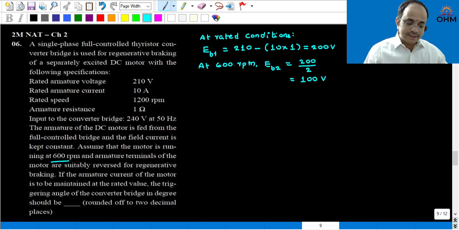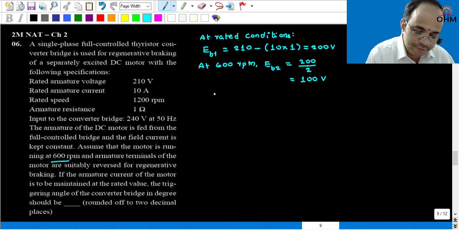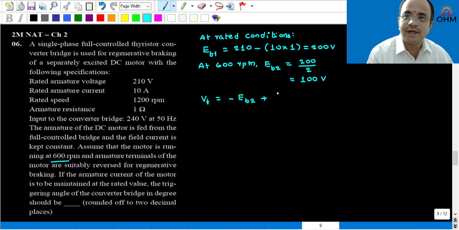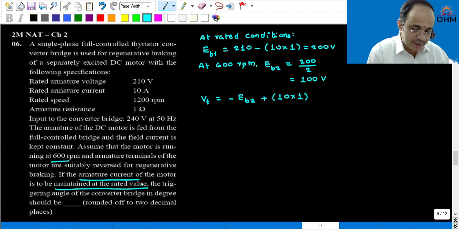But what is mentioned is that at 600 rpm the motor is required to operate with regenerative braking. Therefore you have to find out terminal voltage by reversing this back EMF polarity due to regenerative braking. So you have to take 10 into 1 only, because it is required to maintain the armature current of the motor at the rated value.